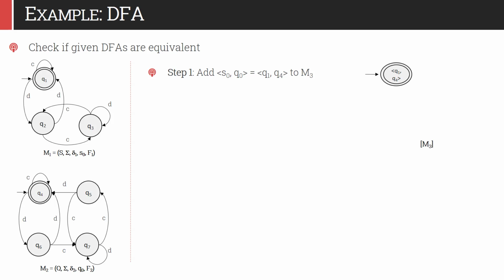Now we have to explore this state. That is, we have to construct the delta transition of Q1, Q4 for each given sigma.